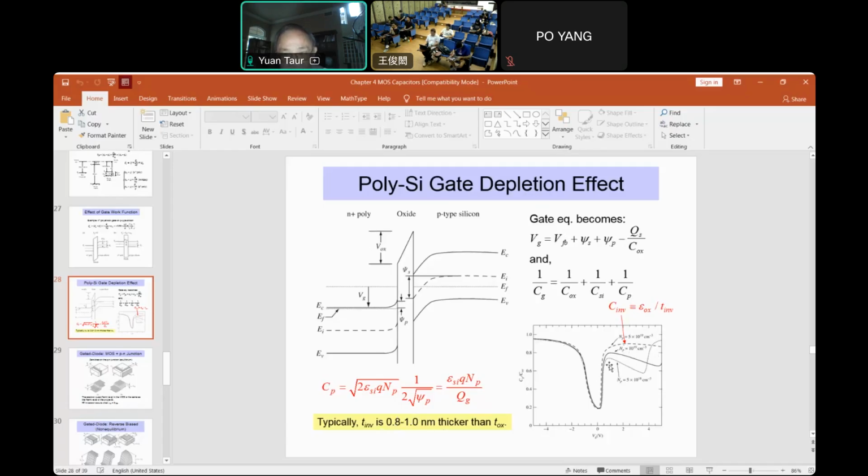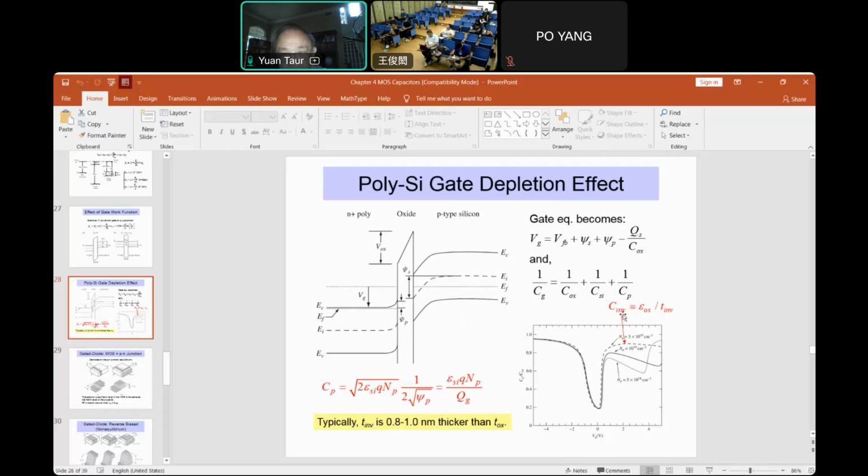So when you do a CV measurement, you can see this is for three polysilicon dopings, NP equal to 5E18, 1E19, and 5E19. You can see that the higher you dope, the more inversion charge you can get under the strong inversion condition, but it's still less than with the oxide alone.